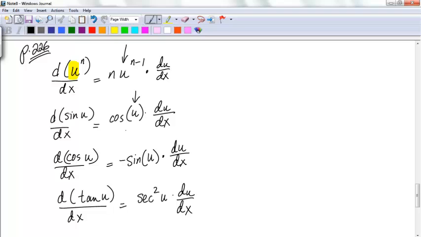Sine, what's the reciprocal of sine? Cosecant. So let's switch that up again. Derivative of cosecant of u with respect to x equals negative cosecant of u times cotangent of u and then times the derivative of the angle with respect to x.